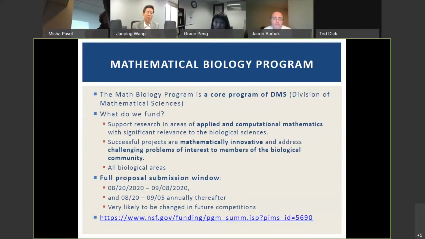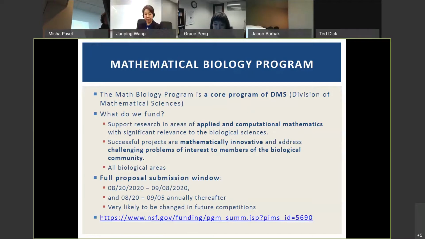But we have only one program that bears the name of another discipline, biology, which is the program of mathematical biology. By core program, we mean that the division has a regular budget and an annual competition, and we receive proposals each year from the community. The question is, what do we fund and what kind of proposals do we receive?